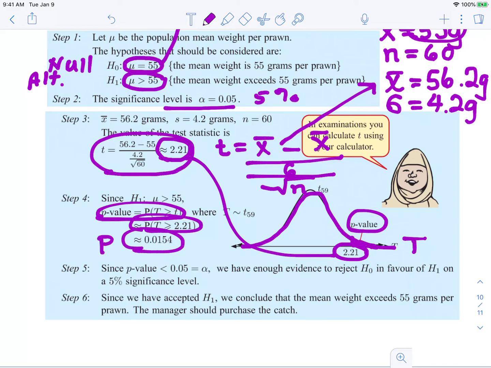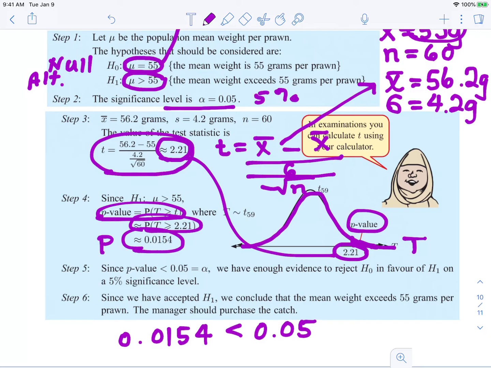Step 5. The p-value of 0.0154 is less than 0.05. So what that means is we have evidence to reject the null hypothesis and in favor of the alternative.